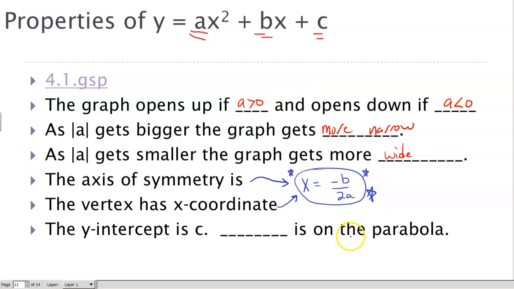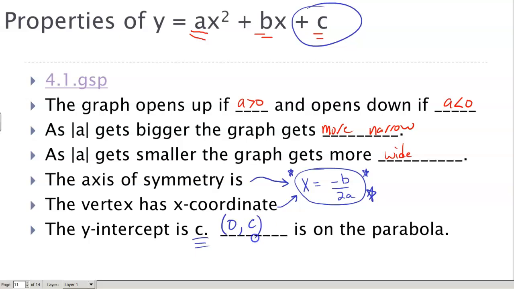And then the y-intercept, if you didn't notice that, is the c value always, right? Just like y equals mx plus b in terms of a linear equation, the b value is the y-intercept. The same thing happens here: that constant value at the end happens to be the y-intercept, because if I plug in 0, both of these terms are clearly going to go away, and my c value is going to be what's left over.